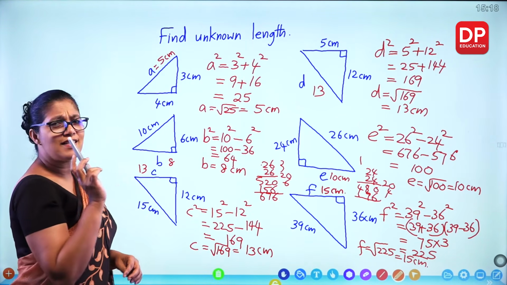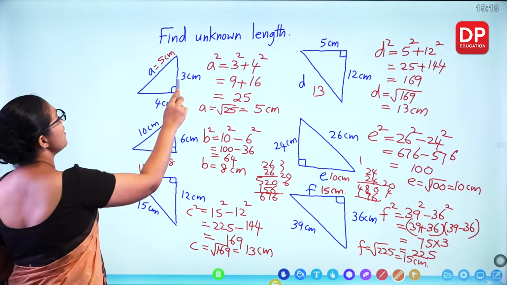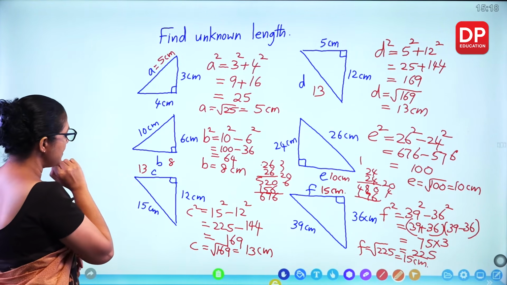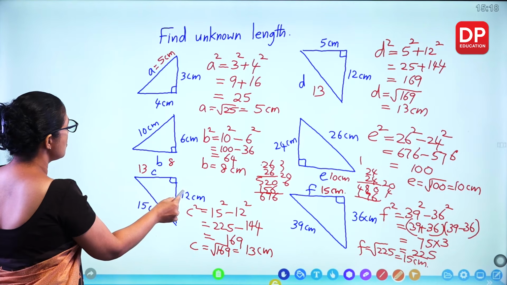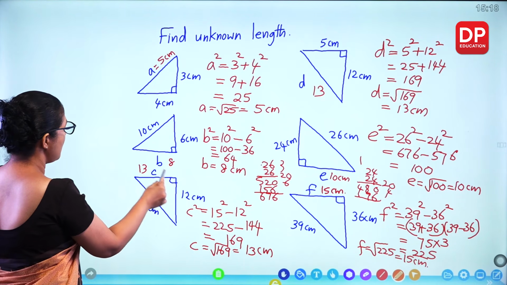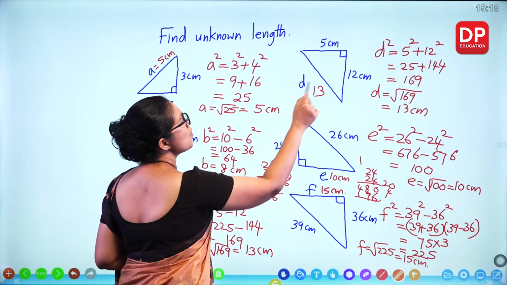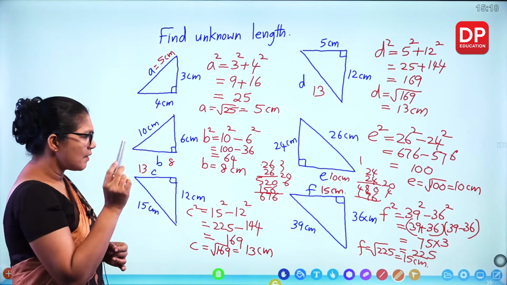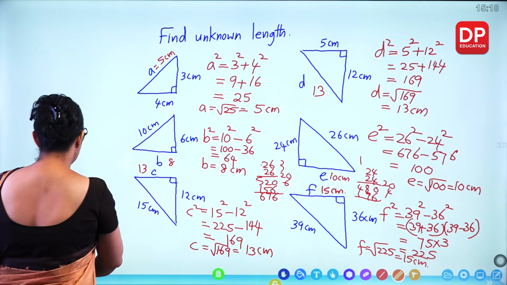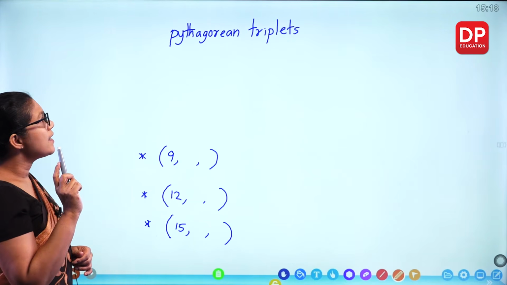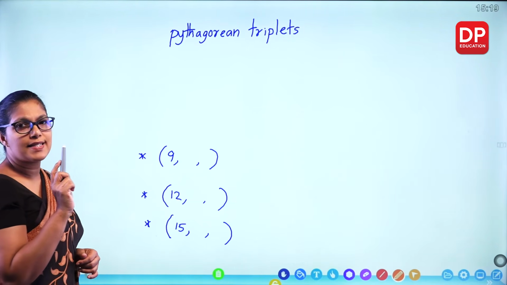So look at these numbers we got. 3, 4, 5, 6, 8, 10, 12, 13, 15, 5, 12, 13. We'll find out what are these. We call that these are Pythagorean triplets.